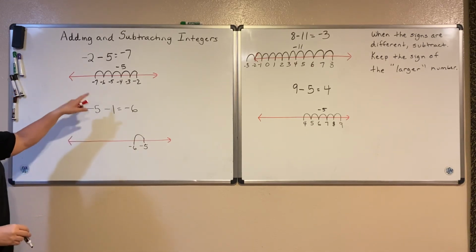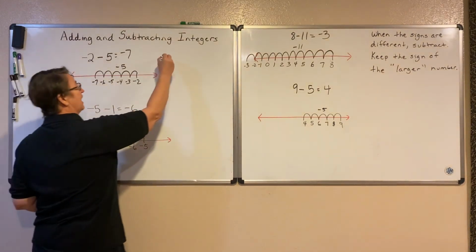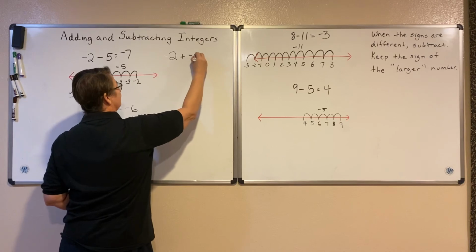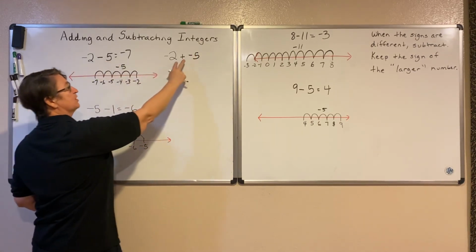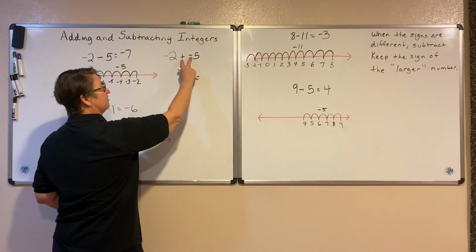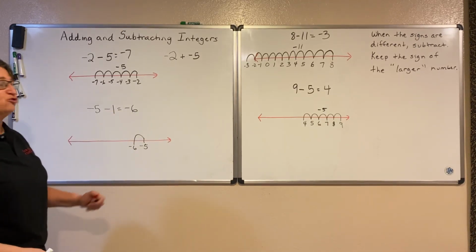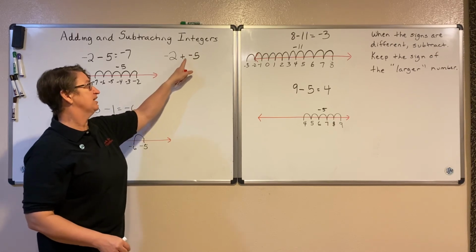By the way, in both of these problems, we could rewrite them as negative 2 plus a negative 5. This means the same thing, because when we have this positive and this negative together, the negative sign wins out. When we do multiplication with integers, we'll see that a positive times a negative makes a negative.